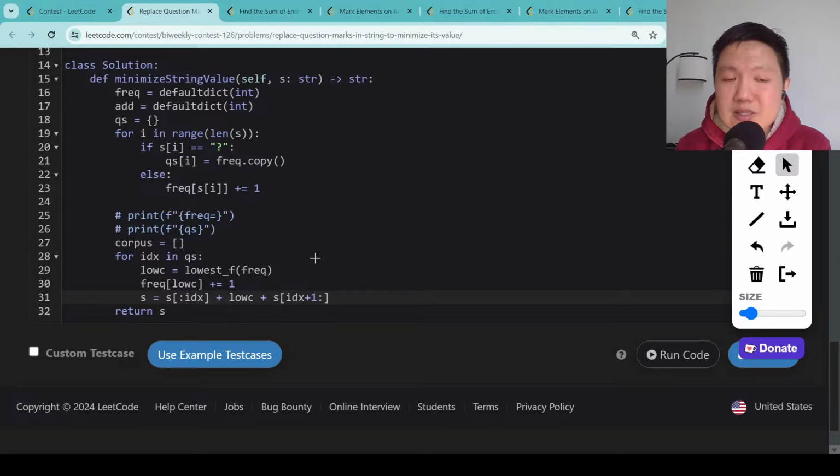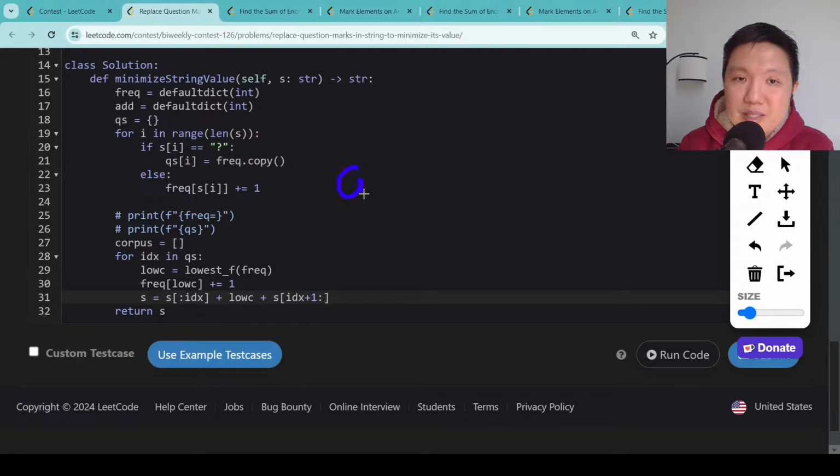This actually doesn't work because the example was something like: A, B, C, D, and so on, Y, question mark, question mark. For this example, if you do it this way, your first question mark will become Z, and your second question mark will become A. This is not correct. It should be AZ, not ZA.